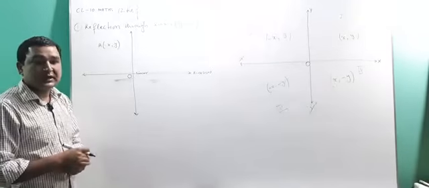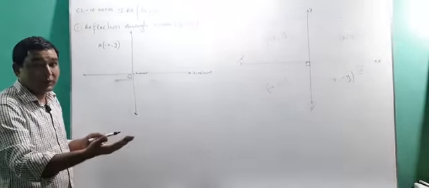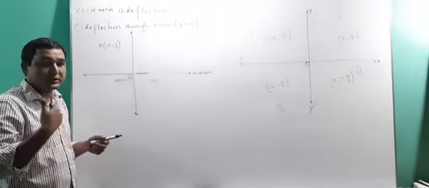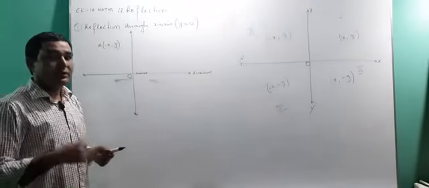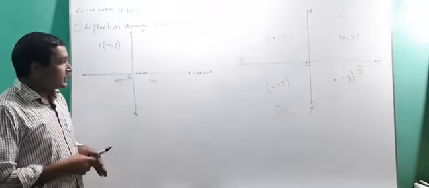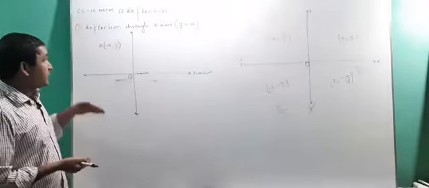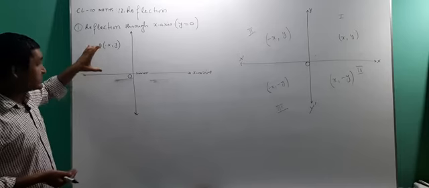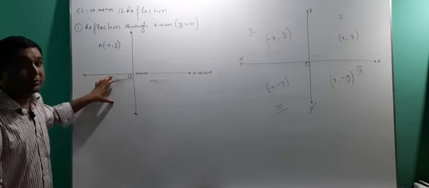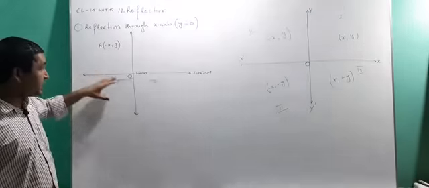Just stand in front of your mirror and try to find the distance of the image, where your image is forming when you stand in front of the mirror. According to the law of plane mirror, where the object is placed, at exactly the same distance the image is formed behind the mirror.